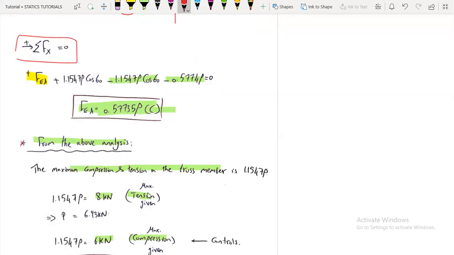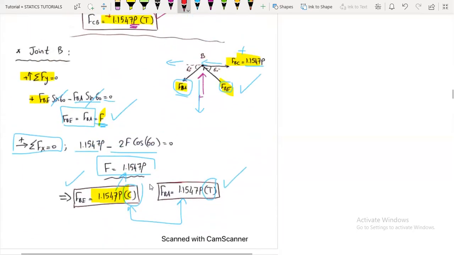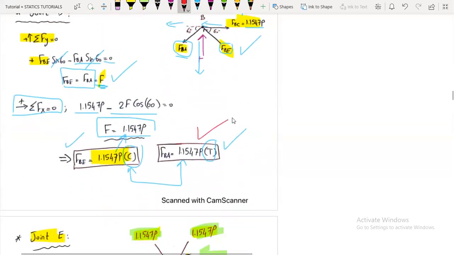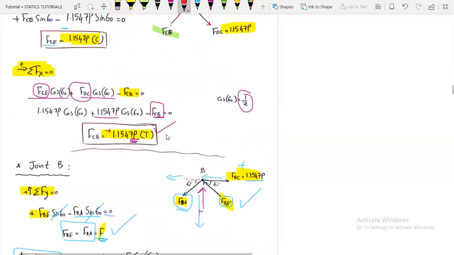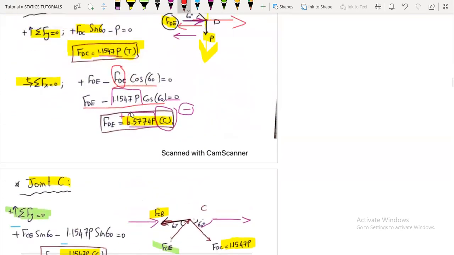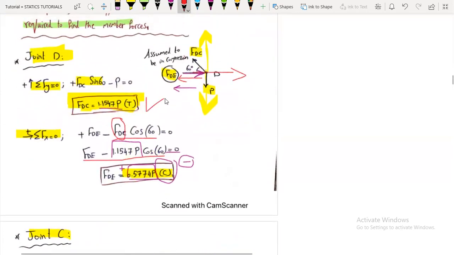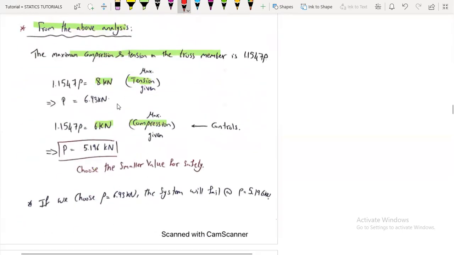Let's check the tensile forces. Here we have 1.1547, here 1.1547, and 1.1547. The largest value is 1.1547P. We equate it to 8 kilonewtons and get the value of P as 6.93 kilonewtons.